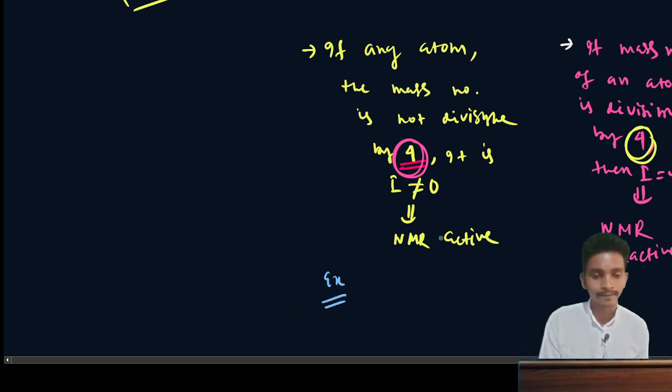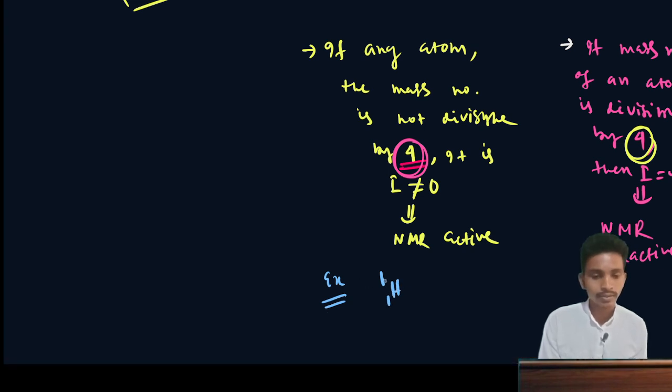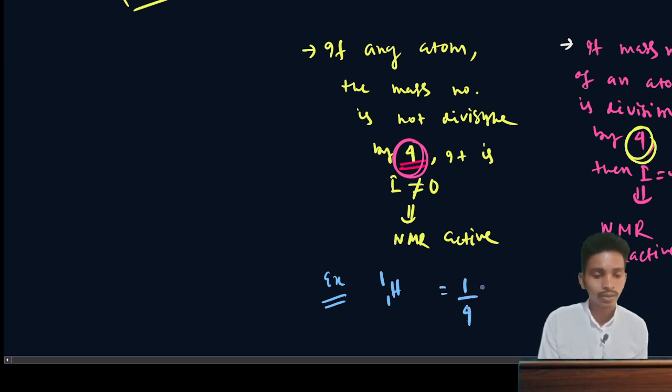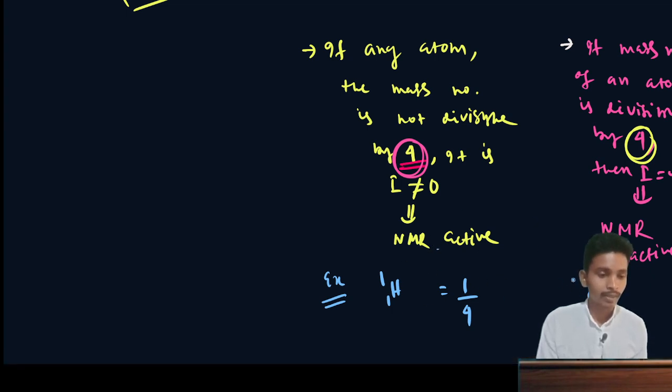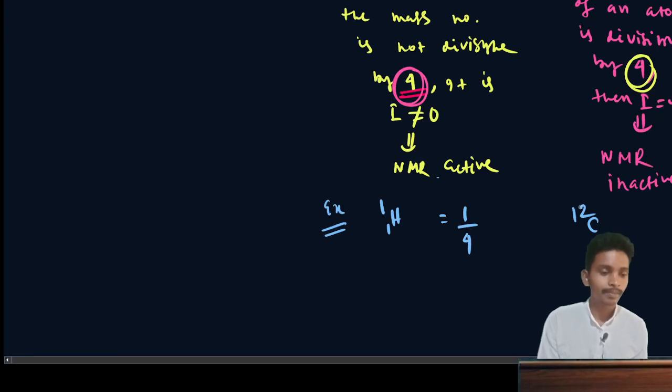Take 1H, that is hydrogen. Here the mass number is 1, so 1 upon 4 is not divisible. So this is NMR active. Let's say you have carbon-12. The mass number is 12, and we always divide by 4.